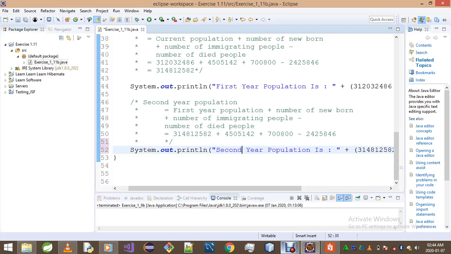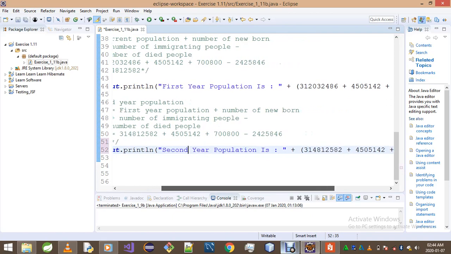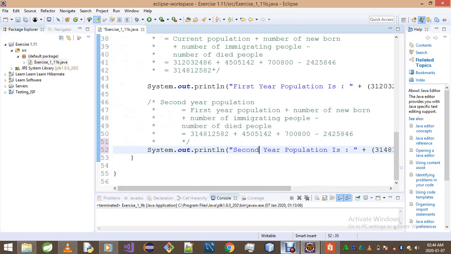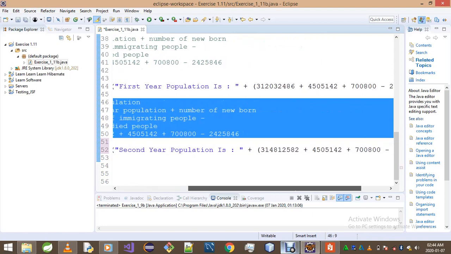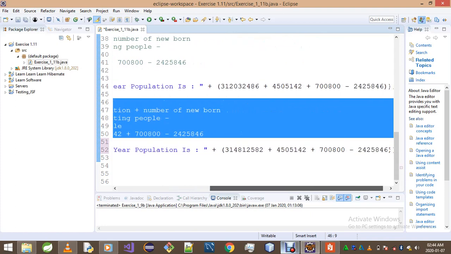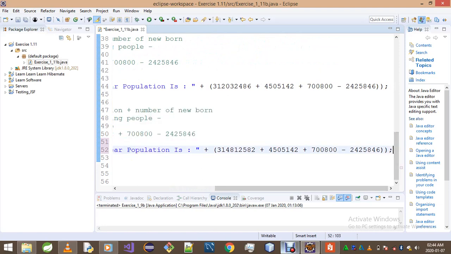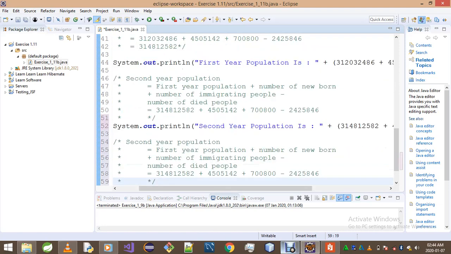Second, a population is this. Now, you see, basically this will remain as it is. You just keep replacing populations. So this is gonna be for the third year population, and it's gonna use the second year population.